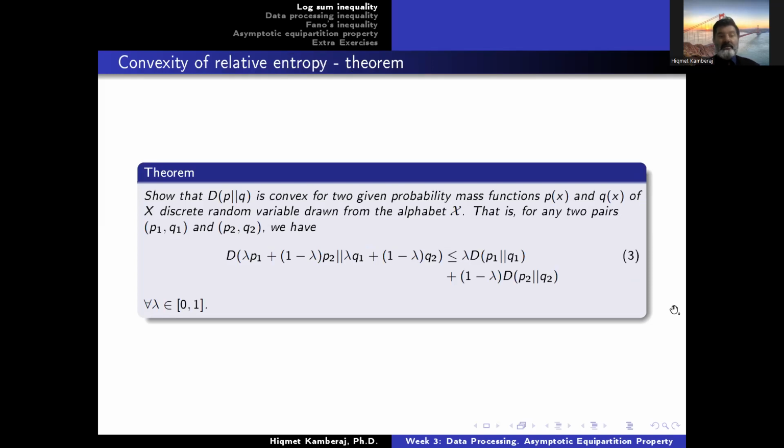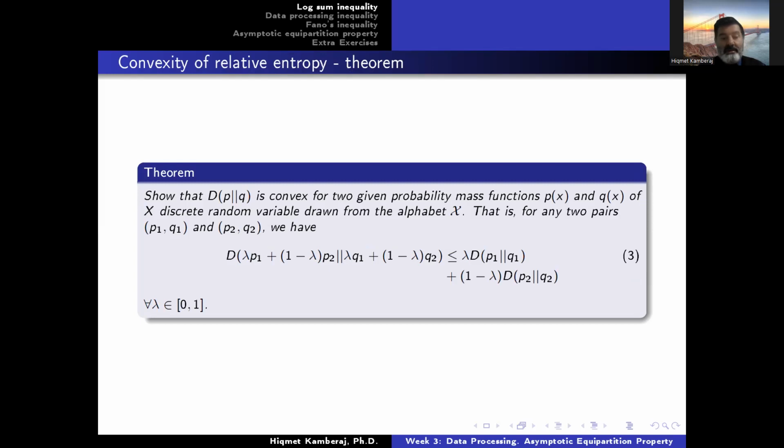Now we are going to show another theorem, which is the convexity of relative entropy. So we have to show that the relative entropy is convex for two given probability mass functions p of x and q of x of a discrete random variable drawn from the alphabet chi.